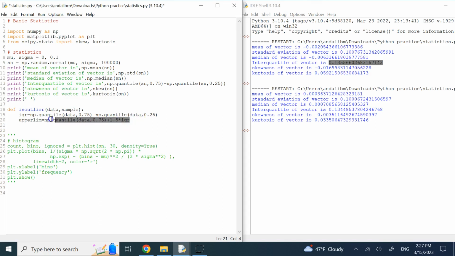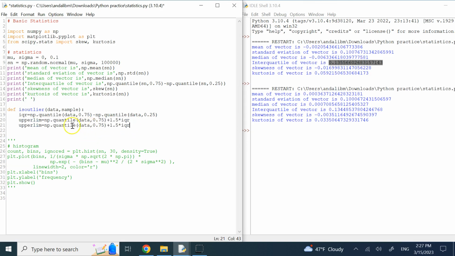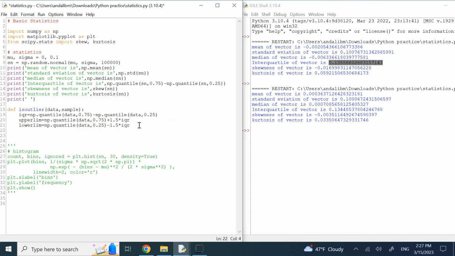And then the lower limit for an outlier is the 25th percentile minus 1.5 times IQR. So now if your number is between these two, your number is not an outlier, otherwise it is.